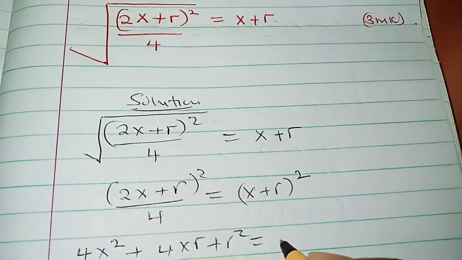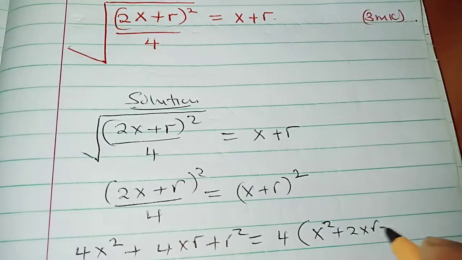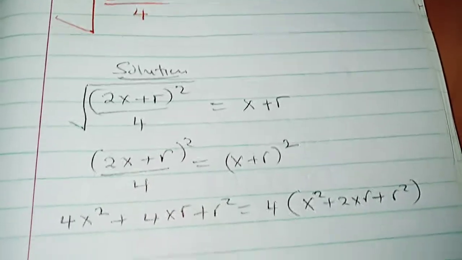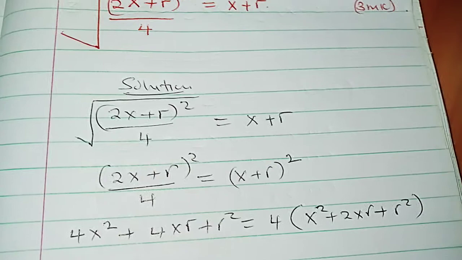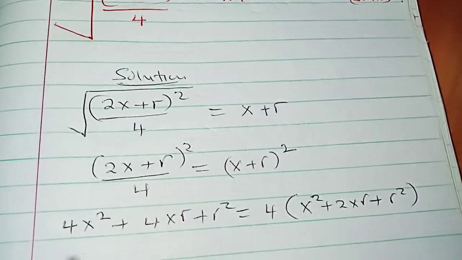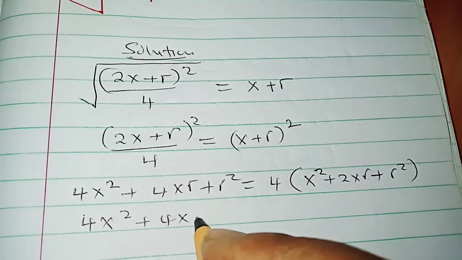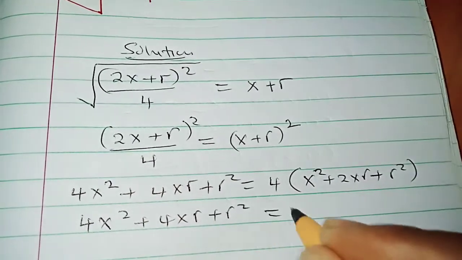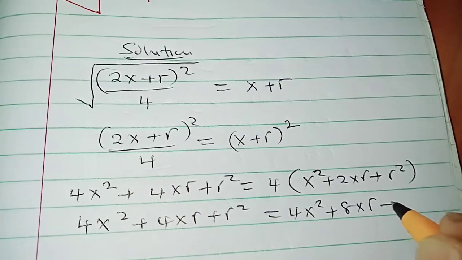Make sure you're good at expanding this. x squared plus 2xr plus r squared. That's what you have when you expand. This is a trivial quadratic expression in terms of expansion, so you have 4x squared plus 4xr plus r squared equals 4x squared plus 8xr plus 4r squared when you distribute 4 across on the right hand side.